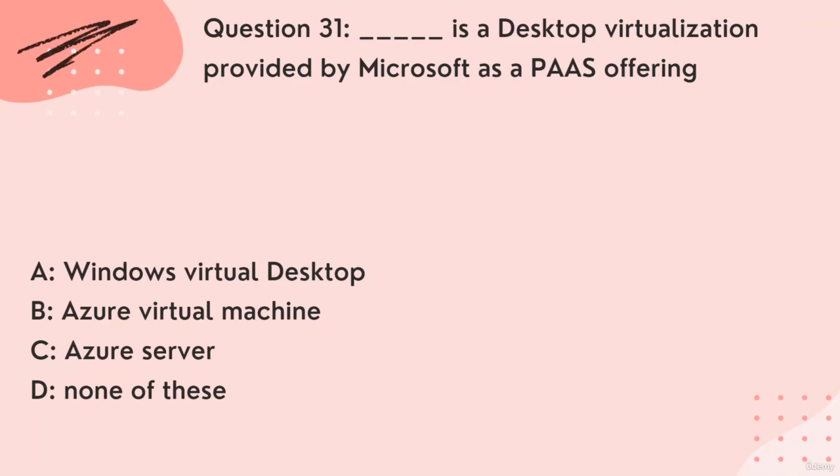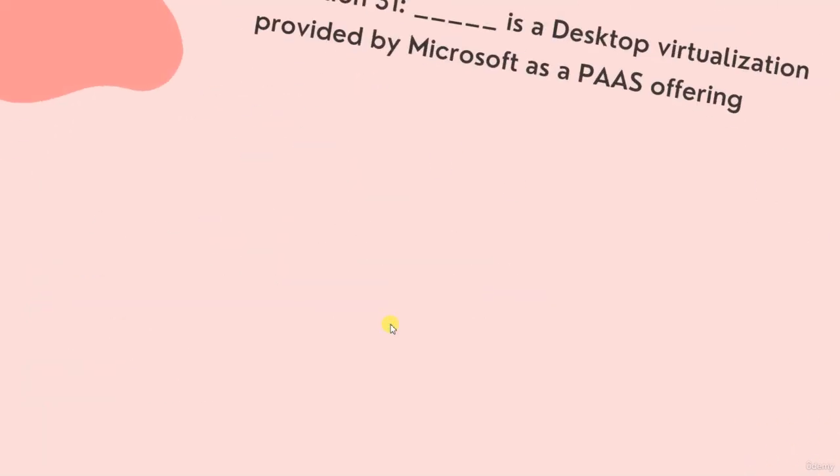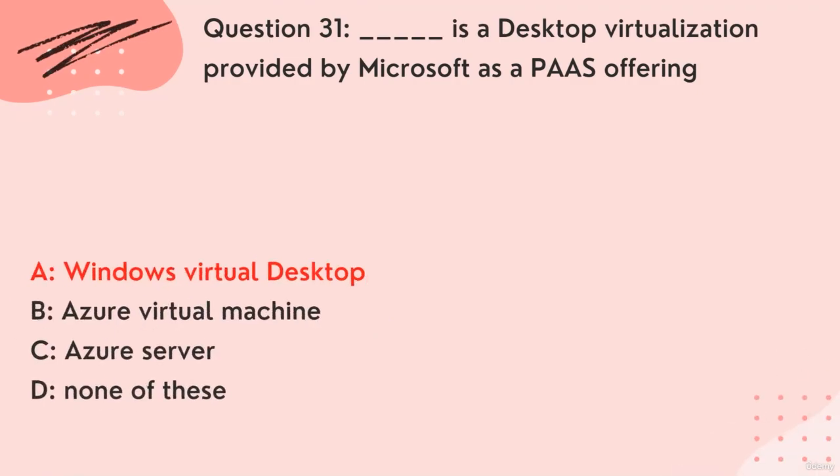Question number 31. Dash is a desktop virtualization provided by Microsoft as a platform as a service offering. We have Azure Server, Azure Virtual Machine, and Windows Virtual Desktop. So the answer is Windows Virtual Desktop.